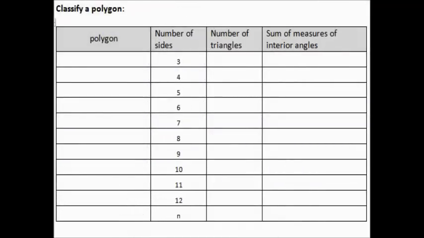We're going to come back to this picture, but I'm expecting that you will know by name each type of polygon according to the numbers of sides that it has. That's called classifying a polygon. To classify a polygon means to put it in a group, to name it, in this case, by the number of sides that it contains.